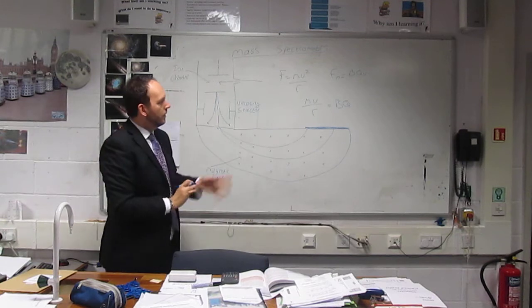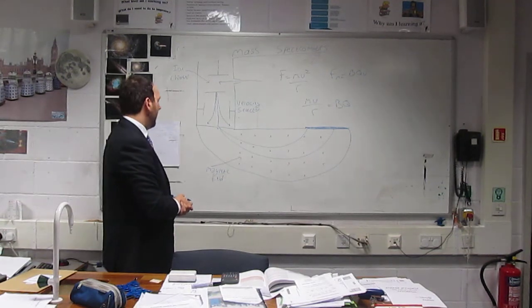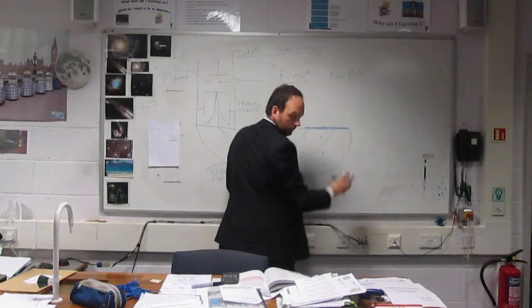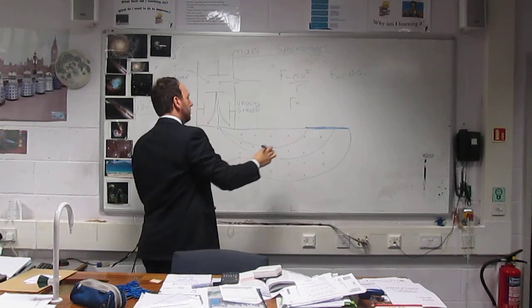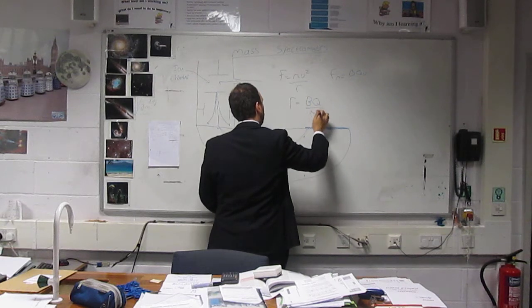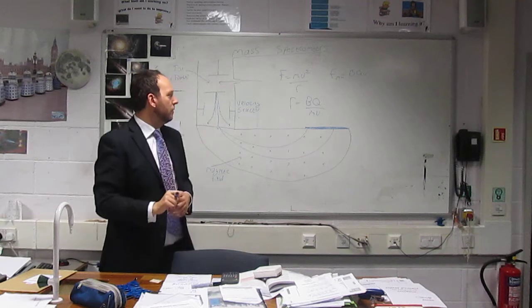Next thing we want to do is rearrange this for r. So that's going to end up giving us r equals mv over BQ. Beautiful, simple, logical, makes sense equation.